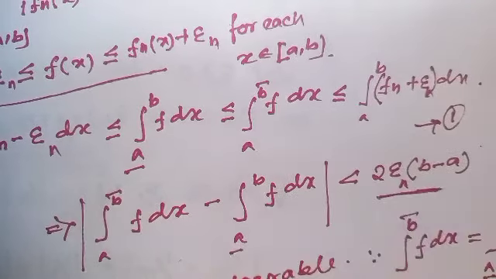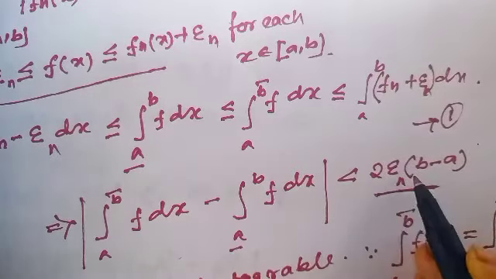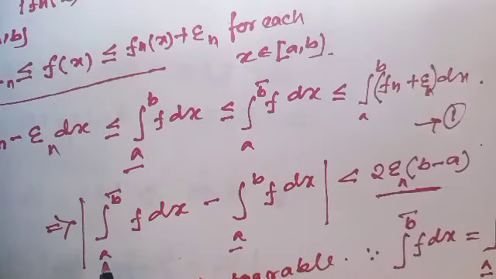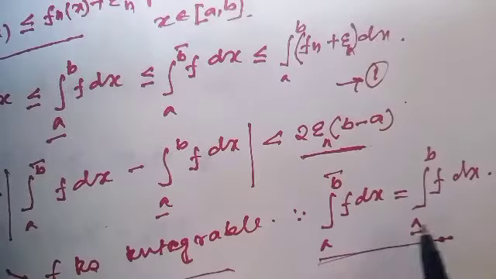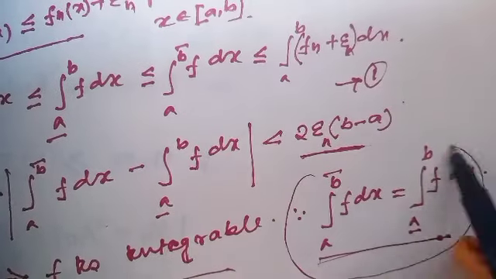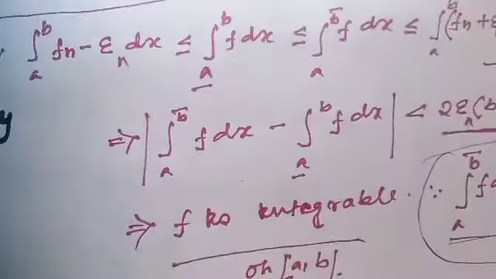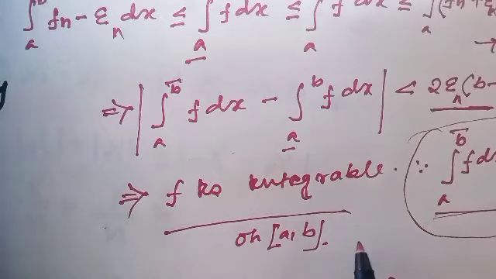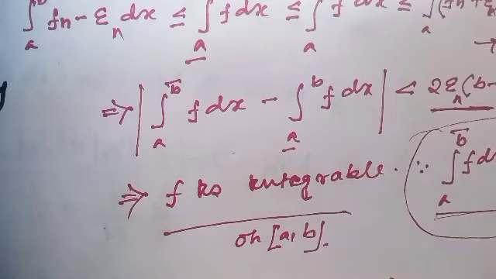That means since this part is small, obviously the upper integral is similar to the lower integral. And since the upper and lower integrals are the same, that implies f is integrable on the closed interval [a, b]. That means I have proved f is integrable.